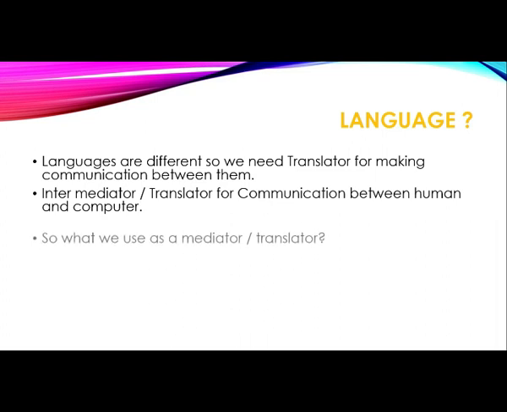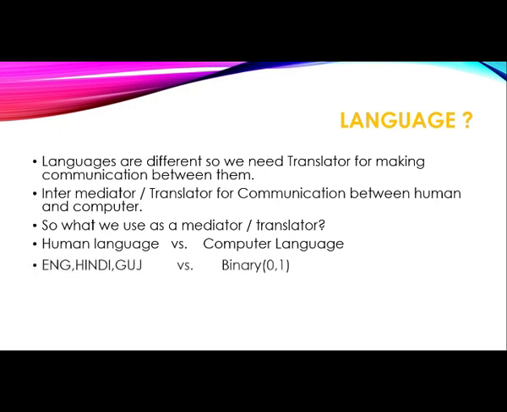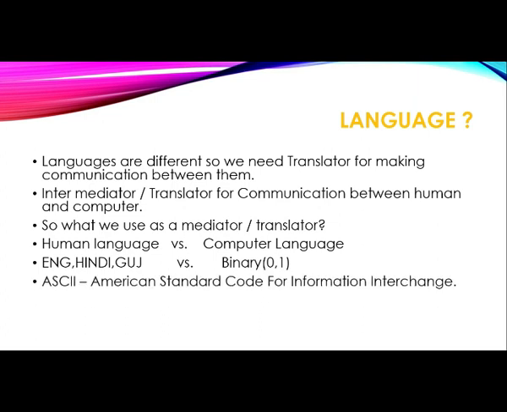Here also it is the same situation: we need a mediator or translator between human and computer, because we only understand English, Hindi, Gujarati, and the computer only understands binary language. Human languages are English, Hindi and Gujarati, and the computer language is binary. So what do we use as a mediator or translator? That is the ASCII code.